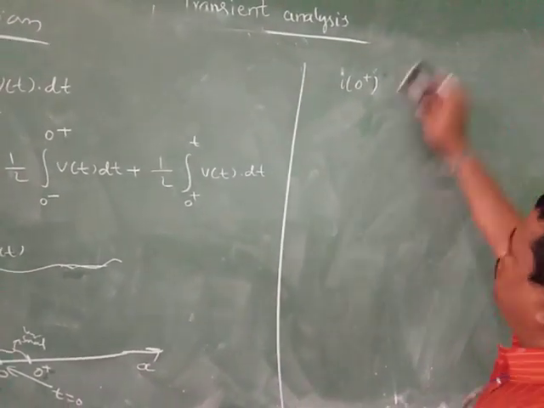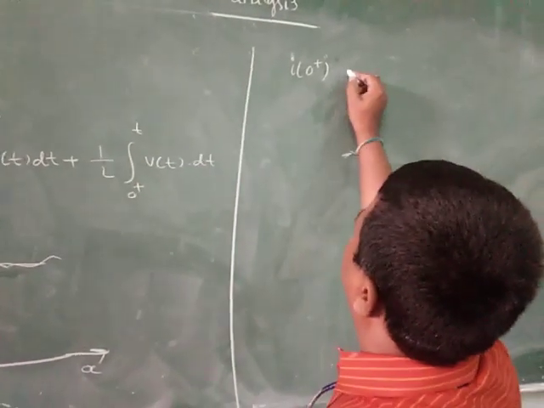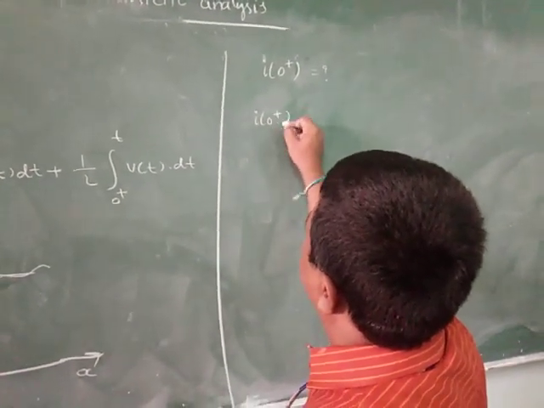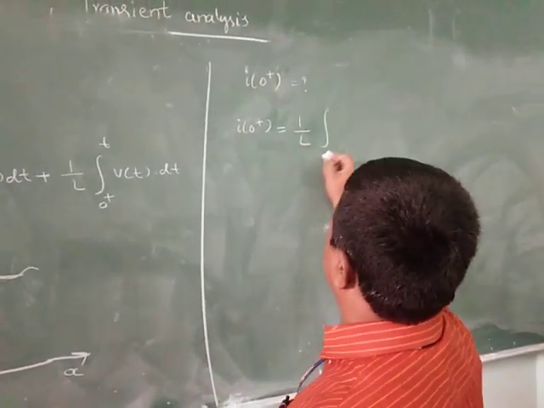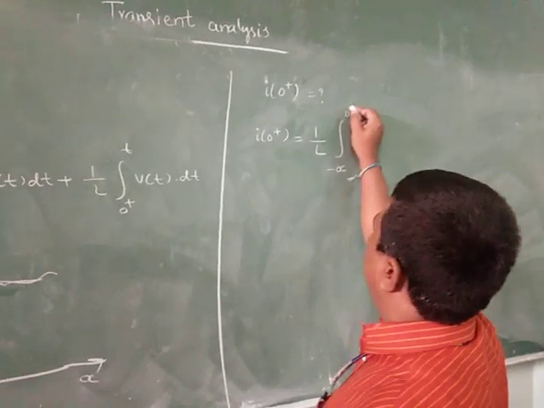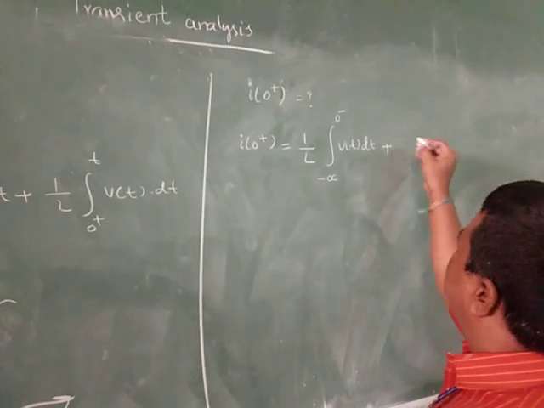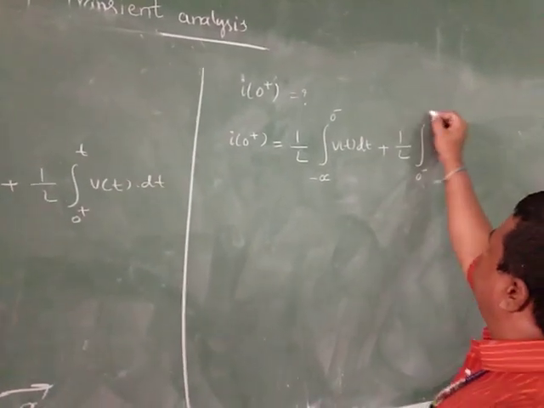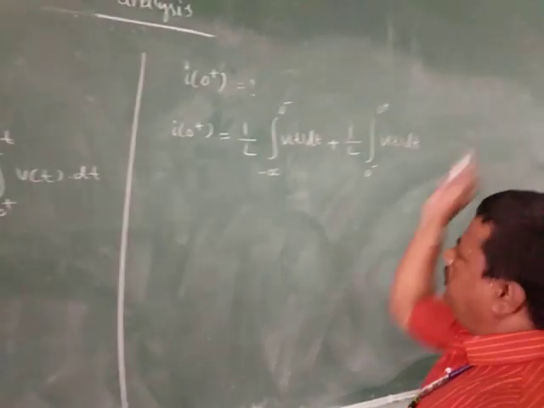According to this, I of 0 plus is equal to 1 by L integral minus infinity to 0 minus v of t dt plus 1 by L integral 0 minus to 0 plus v of t dt.